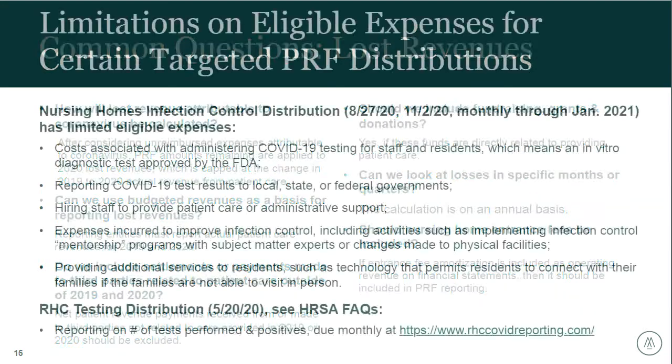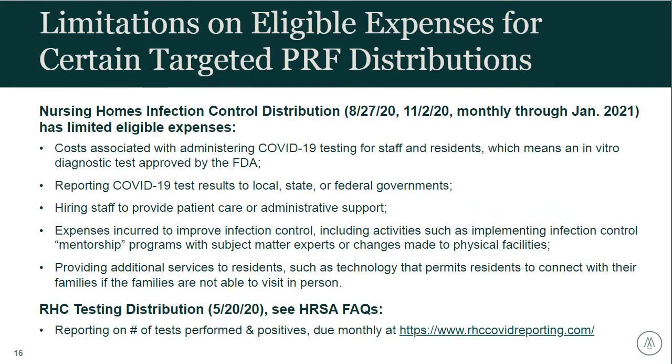Okay, Georgia, you can now talk us through some of these limitations on some of the targeted distributions. Yeah, so this is somewhat aside from the Provider Relief Fund reporting that we've been talking about today, but just something to be mindful of.